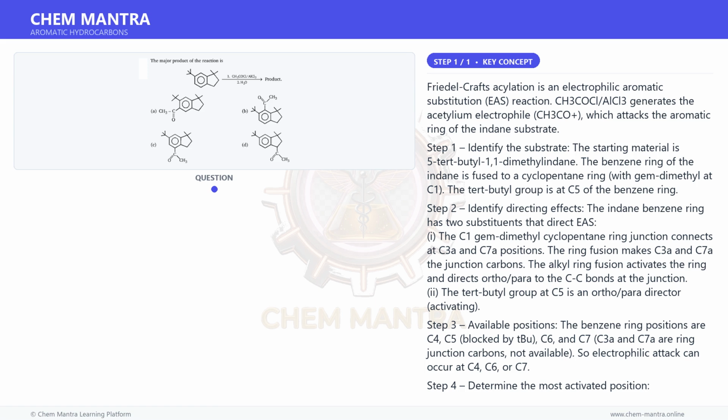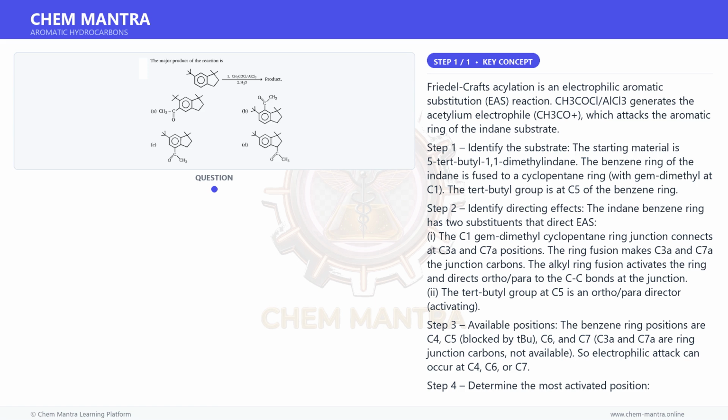Both directing effects converge on C4. C6 is activated by ortho to tert-butyl and ortho to C7A, a ring junction, but C6 is between two bulky groups, tert-butyl at C5 and the ring junction at C7A, making it sterically hindered. C4 receives cooperative activation from both the tert-butyl group, ortho, and the C3A ring fusion, ortho, and is less sterically hindered than C6.